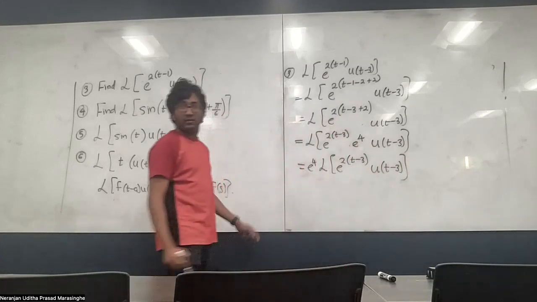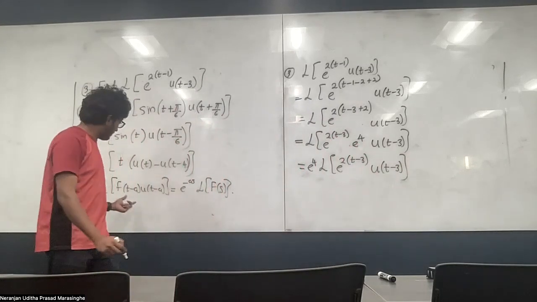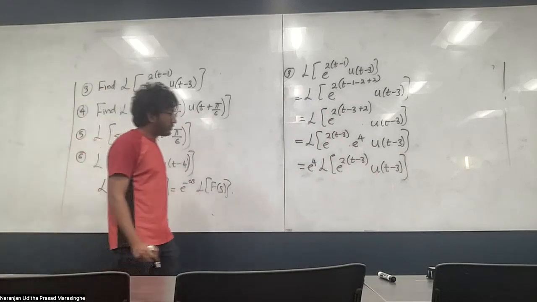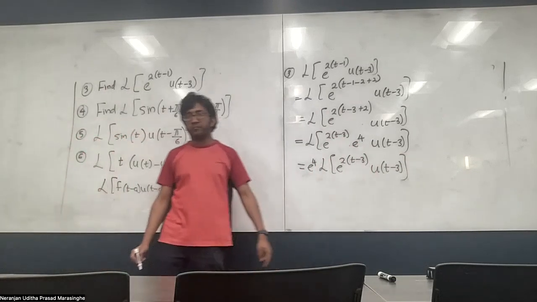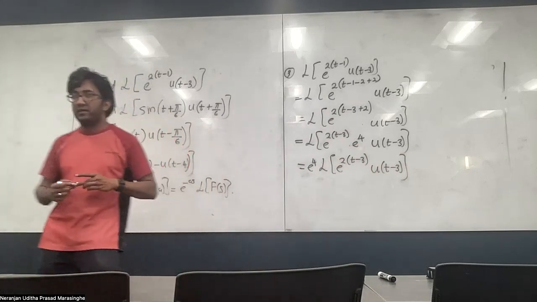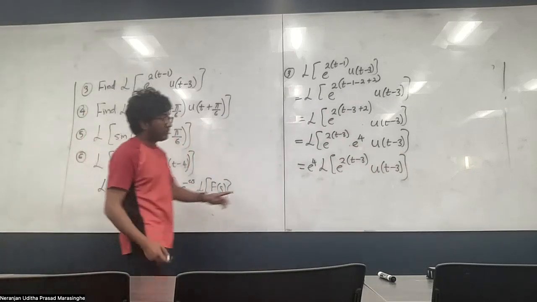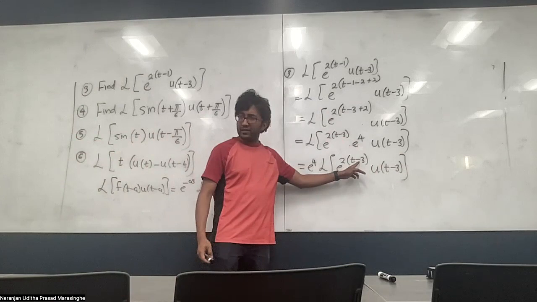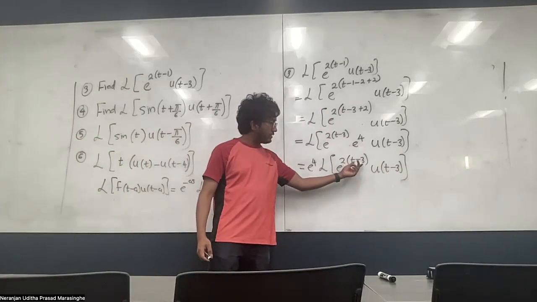Now I am done, right? Because now I have something like this: f(t minus a) u(t minus a). Now what is my a? Instead of a I have 3, right? t minus 3.